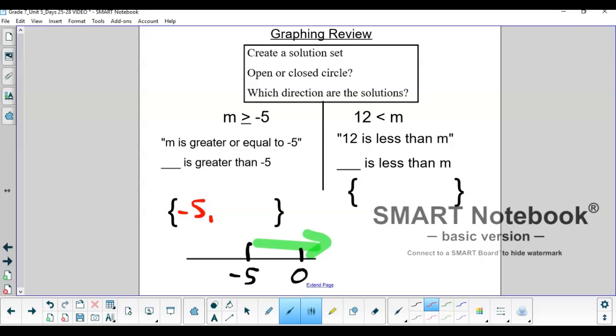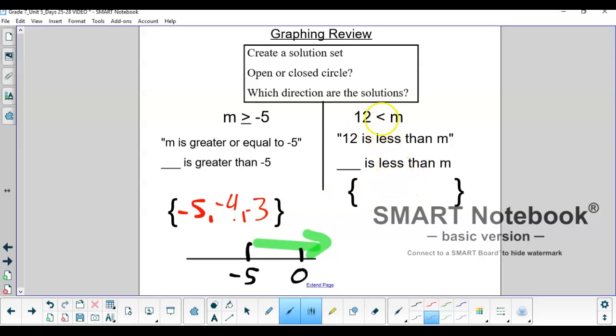Then the first integers to the right of -5, that would be greater than -5, would be -4 and -3. So again, if you struggle with your negatives, I would highly recommend that you plot them on a number line. Always use 0 to help you figure out where you're at on the number line, and then determine the numbers that you need.